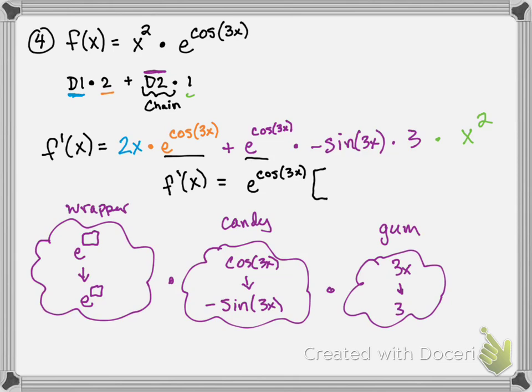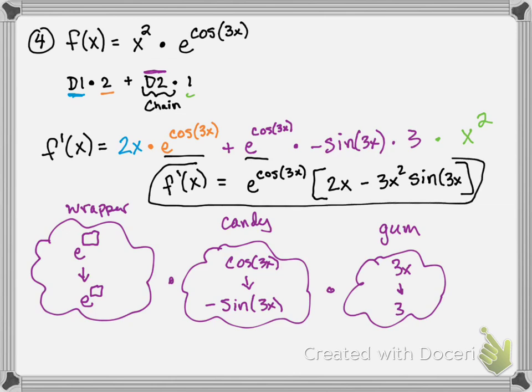All right, what's left? 2x. Yeah, minus 3x squared and sine of 3x. Okay, now you probably could have factored out another x if you wanted to, but that will suffice. That gets the main idea here.